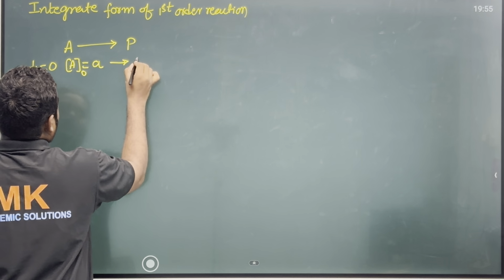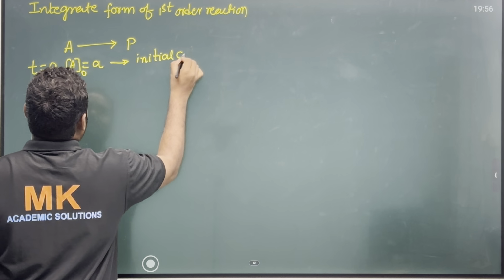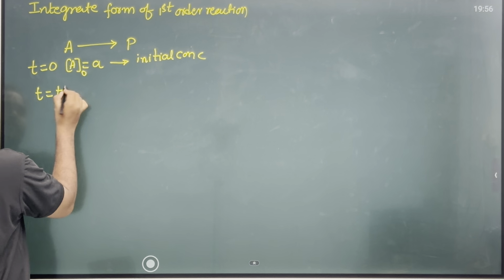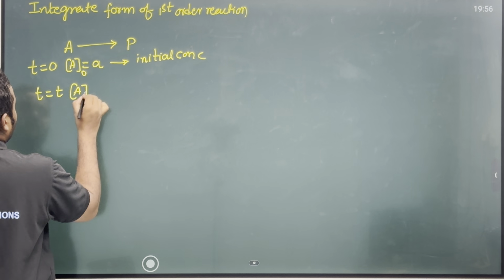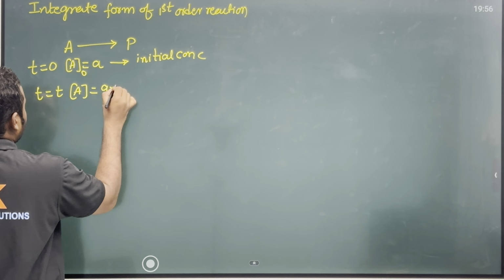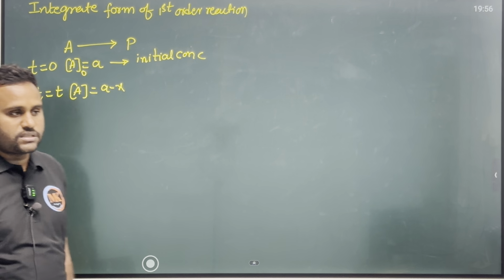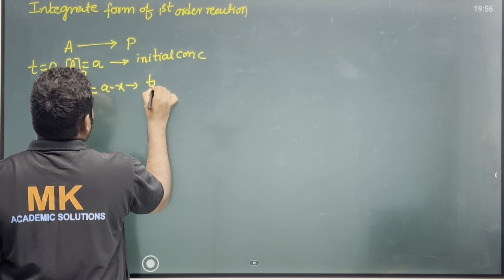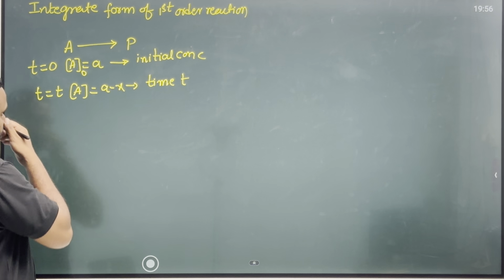At time t, the concentration of A is A minus x, which means some of the concentration has decreased.